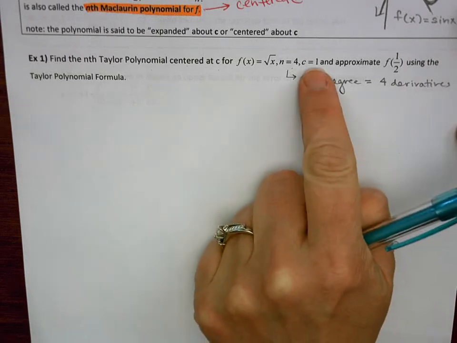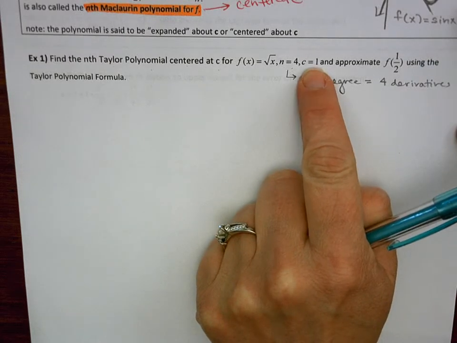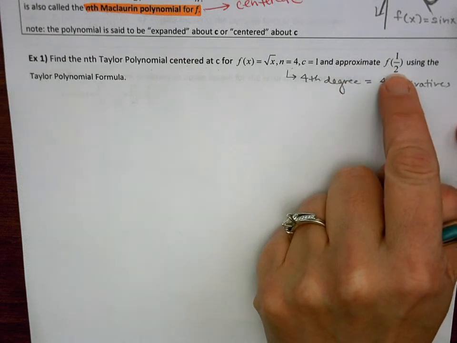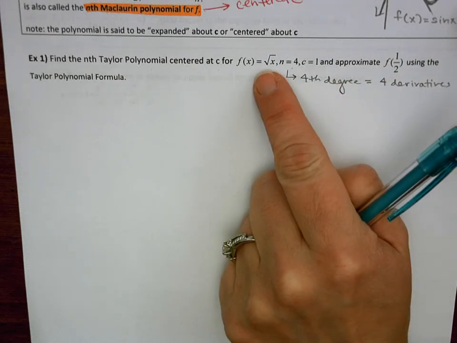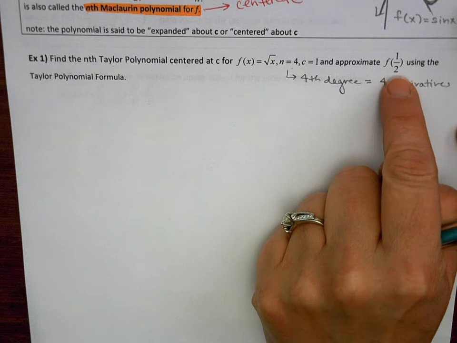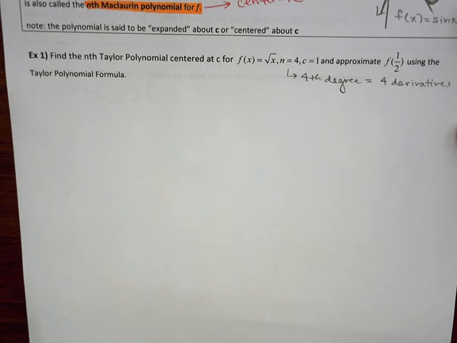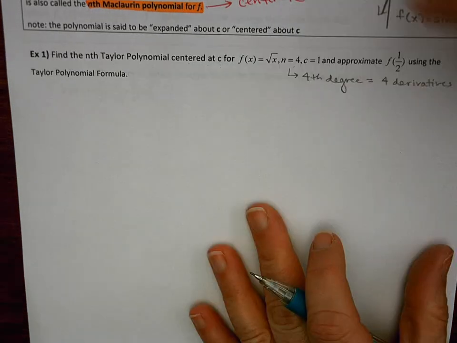And then we're centered at 1. When we have that, we want to use it to approximate the square root of 1/2, right? Because if f of x is the square root of x, we want to approximate the square root of 1/2 using our Taylor polynomial formula. So our first step is we want to find 4 derivatives.